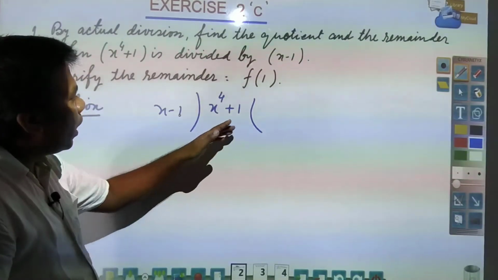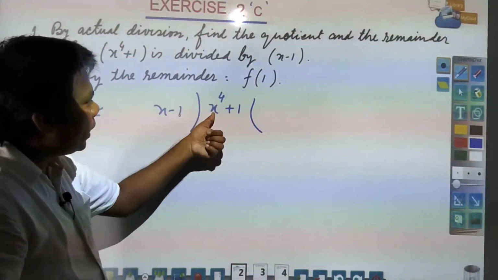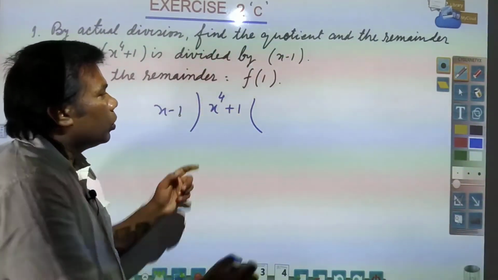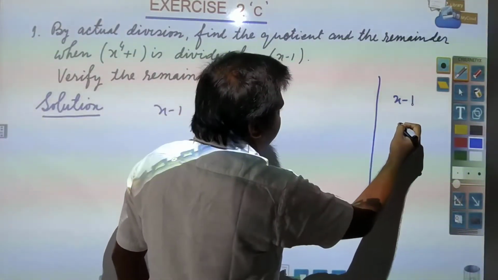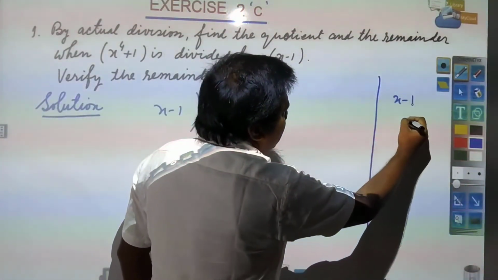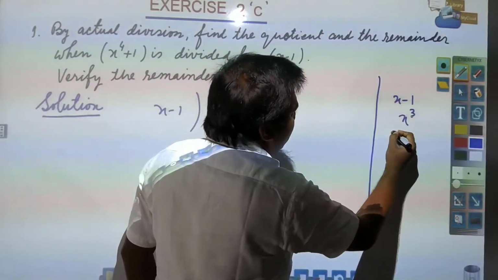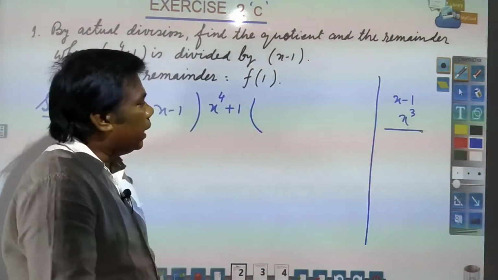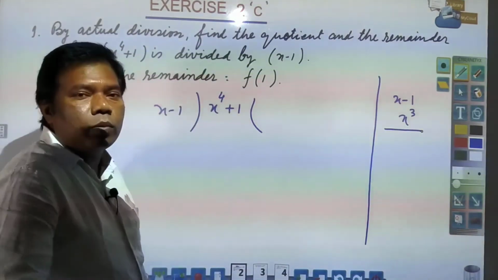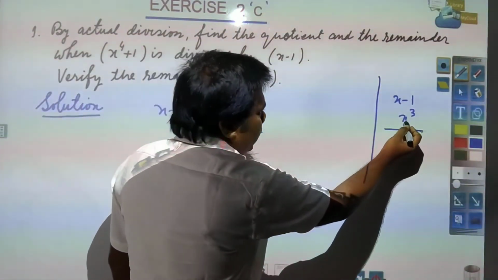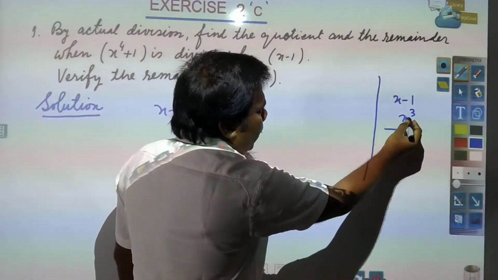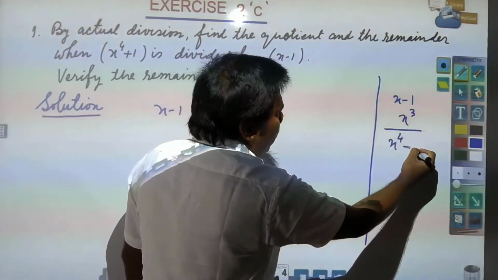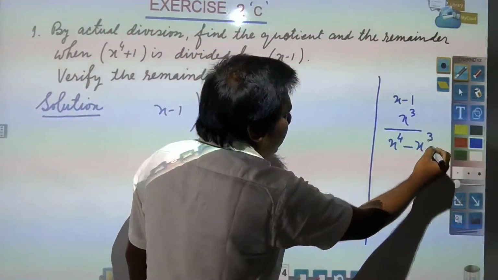With x, if we multiply x to the power 3, then we get x to the power 4. So x to the power 3 into x is x to the power 4, and x to the power 3 into minus 1 will be minus x to the power 3.